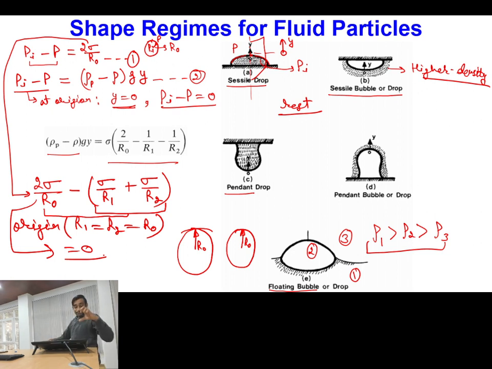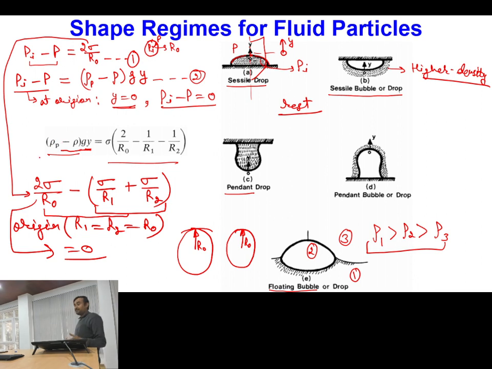So it means that in my hydrostatic pressure term Pi minus P, if I replace this Pi minus P with rho p minus rho times g into y, which is my hydrostatic pressure, considering that the origin is at the tip of the drop, then when y is 0, this left hand side is becoming 0.